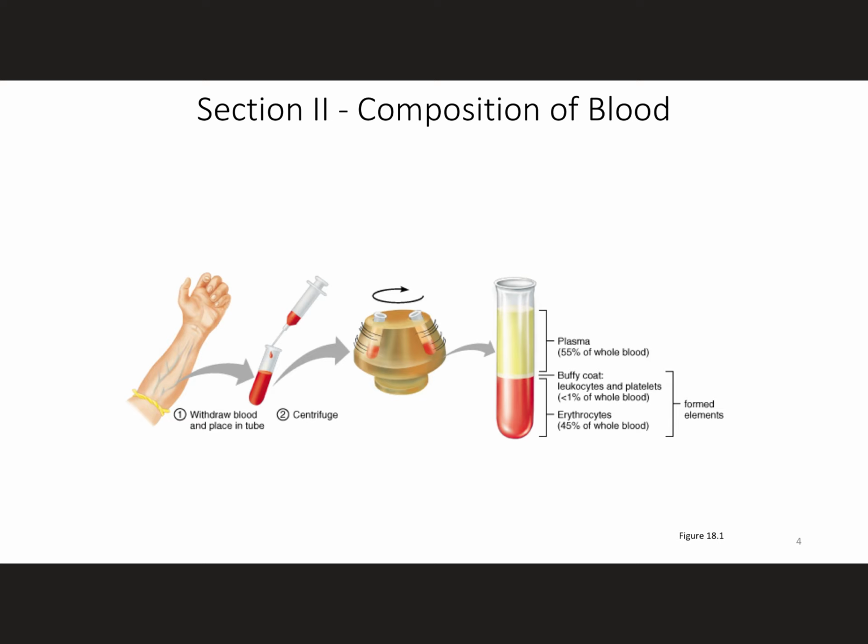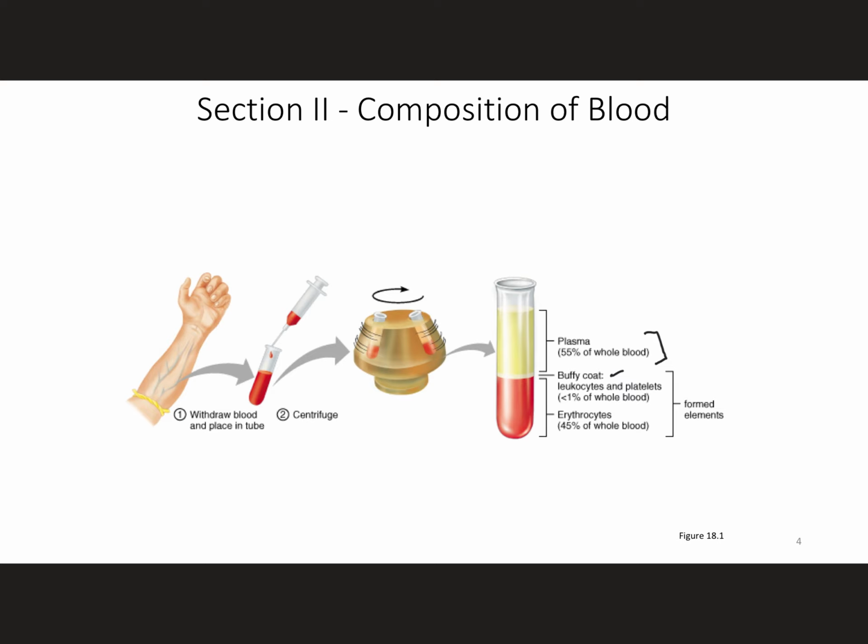Blood will separate out into 3 layers. 55% of whole blood will be made up of a yellowish fluid called plasma. 1% of whole blood will be located in between the plasma layer and the erythrocyte layer. These are your white blood cells and platelets, which make up the buffy coat. And then the remaining 45% of your blood will be your red blood cells, or your erythrocytes.